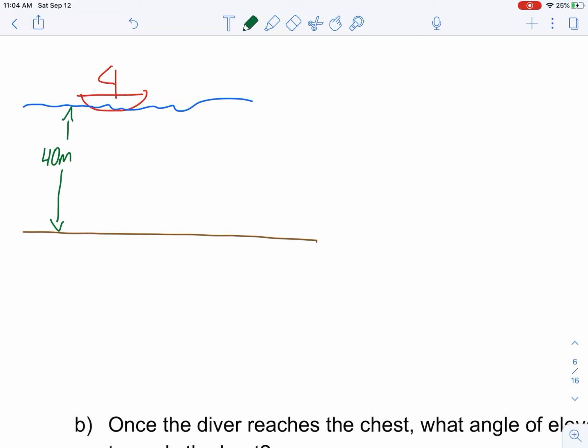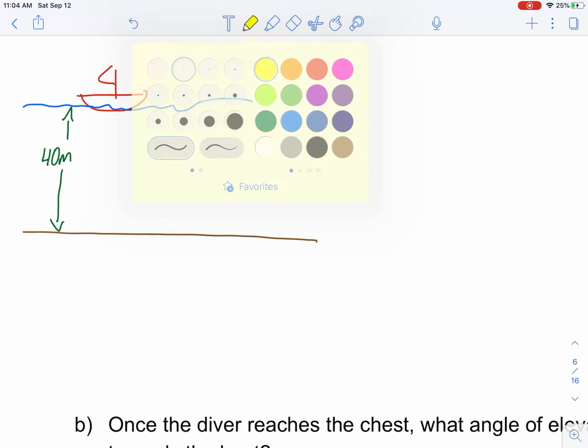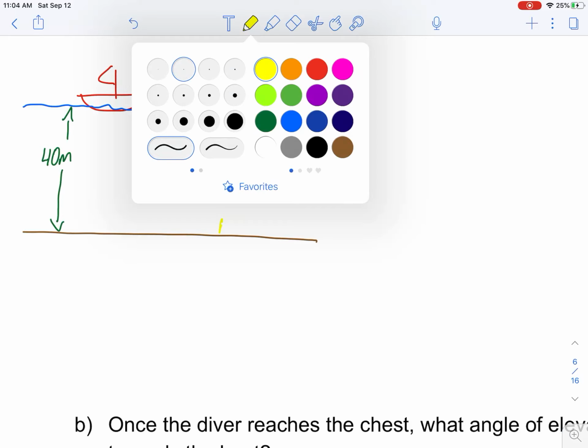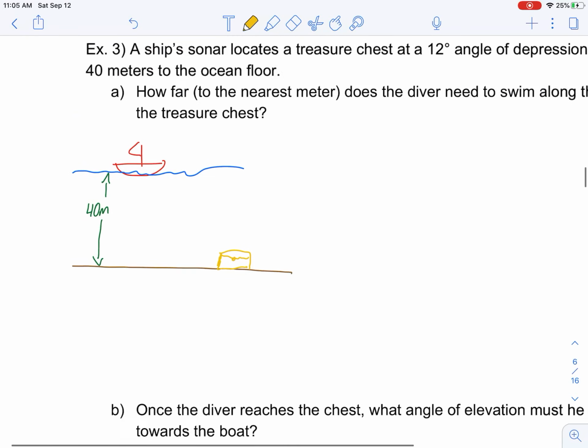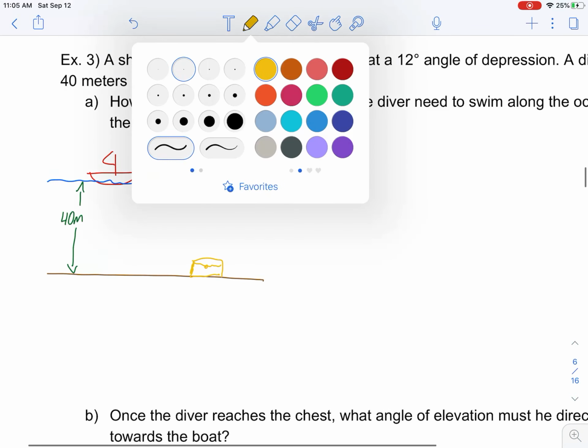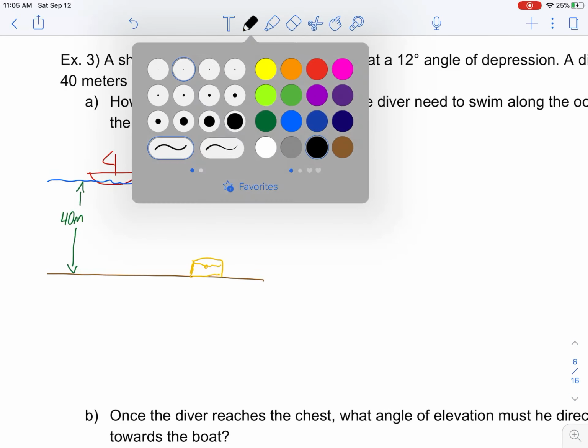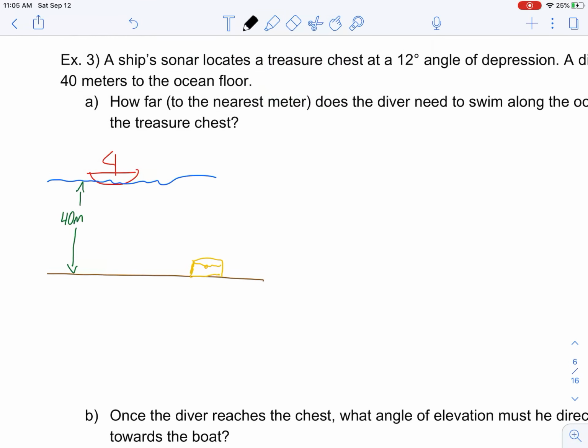Now this sentence here, a ship's sonar locates a treasure chest at a 12-degree angle of depression. Well, you have a treasure chest. That would be really hard to see. Let's use this color. You have a treasure chest here. I don't really know how to draw a treasure chest, whatever, that looks pretty good. You have a treasure chest at a 12-degree angle from the ship. So if we draw that out, it's roughly there.